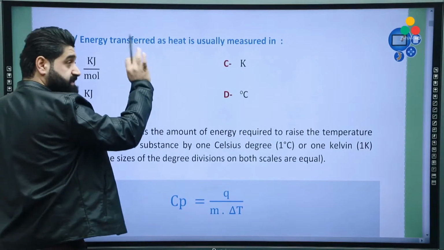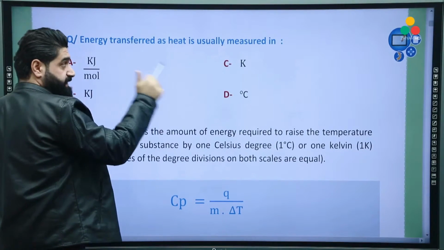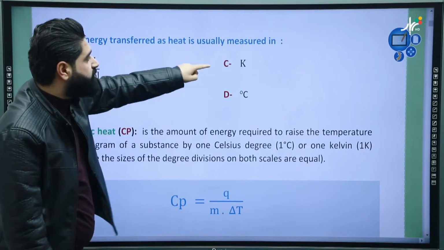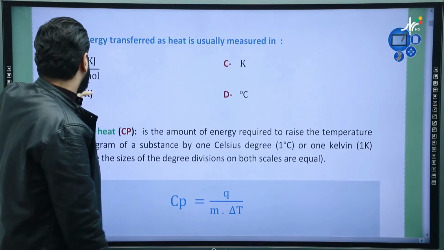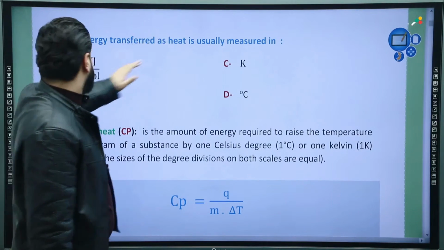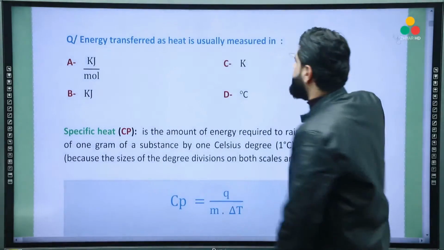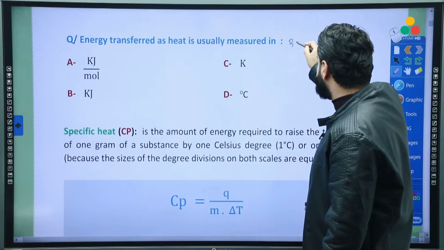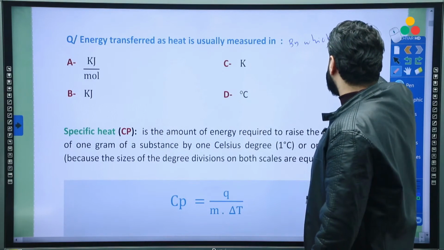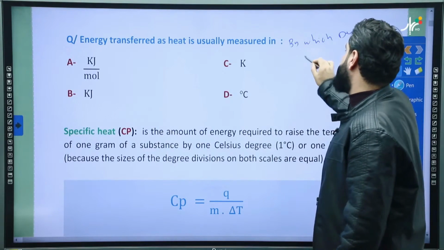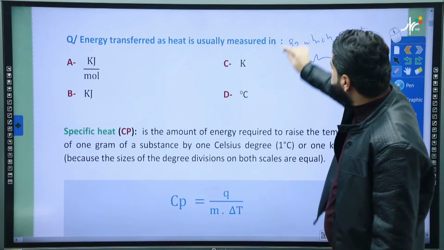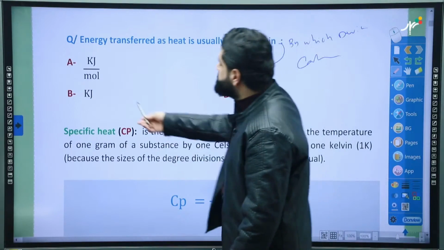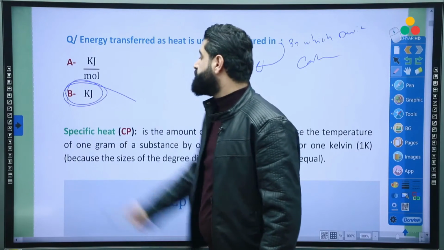Energy as heat is usually measured in units of what unit? Kilojoule. But look, energy transferred as heat is usually measured by which device? Calorimeter. But here, it means by unit. So we have to say kilojoule.